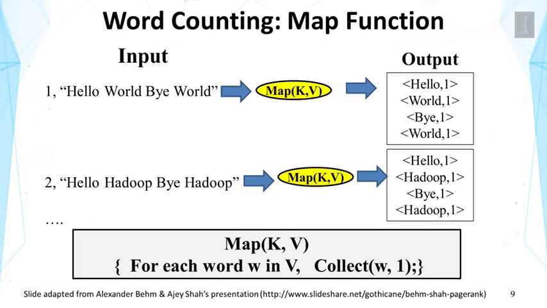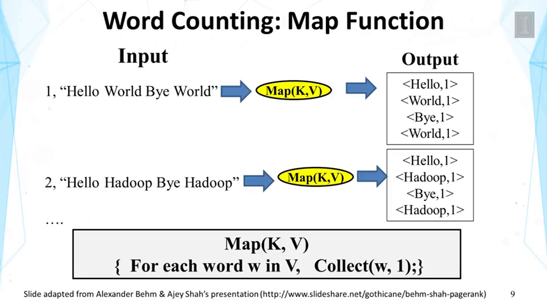So this key value pair will be sent to a map function. The map function would then just count the words in this line. In this case, of course, there are only 4 words. Each word gets a count of 1. And these are the output that you see here on this slide from this map function.